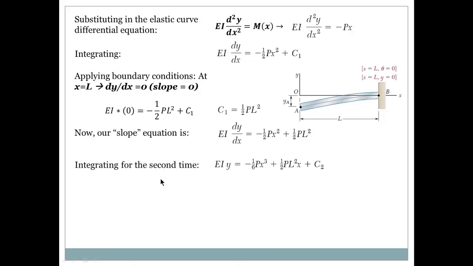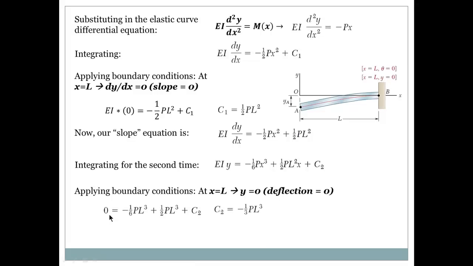Integrating for the second time now so I can get the deflection equation. EIy equals 1/6 this, and now I have a new constant of integration, C2. Now applying the boundary condition at x equals L, since I'm talking about deflection, I look at the deflection boundary condition, y equals 0.